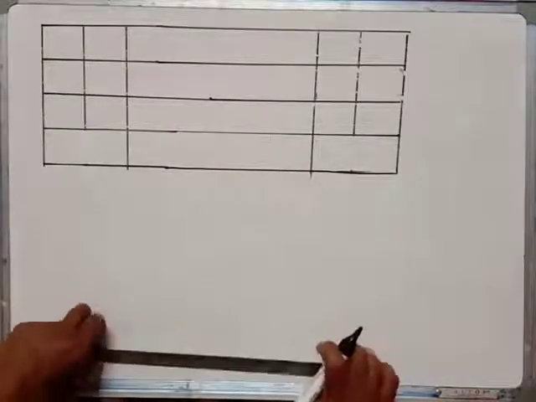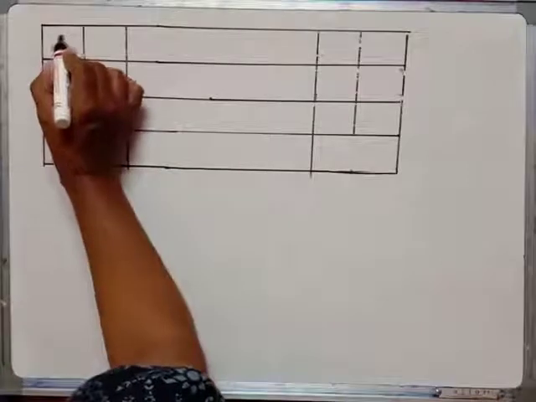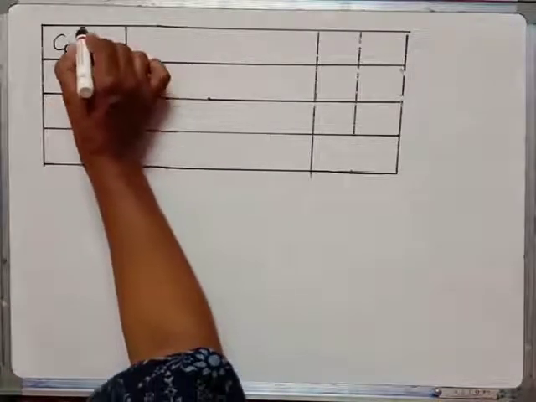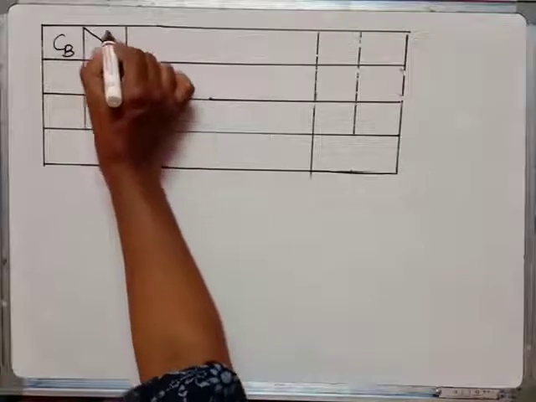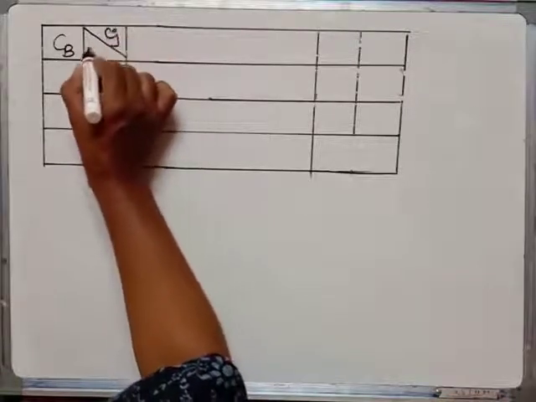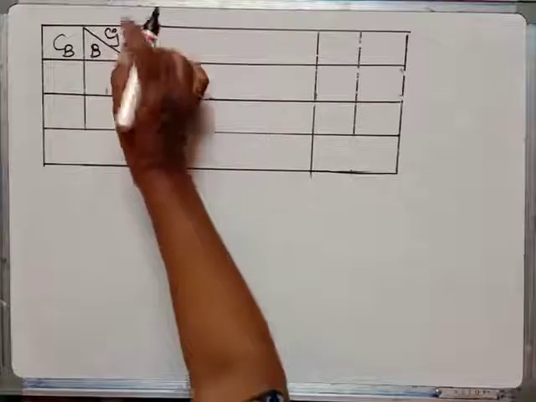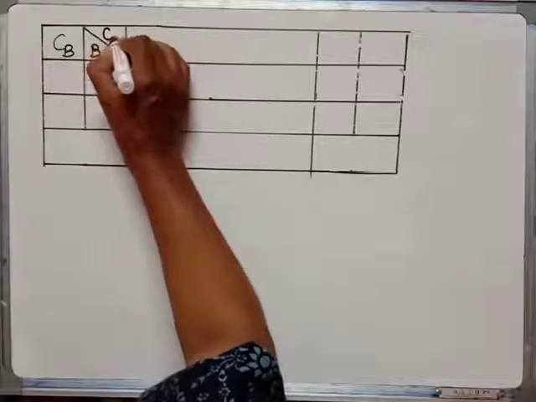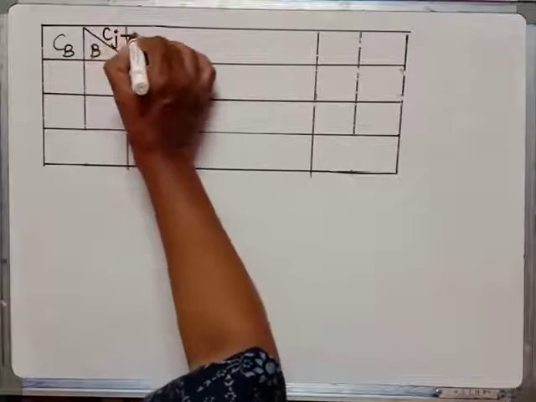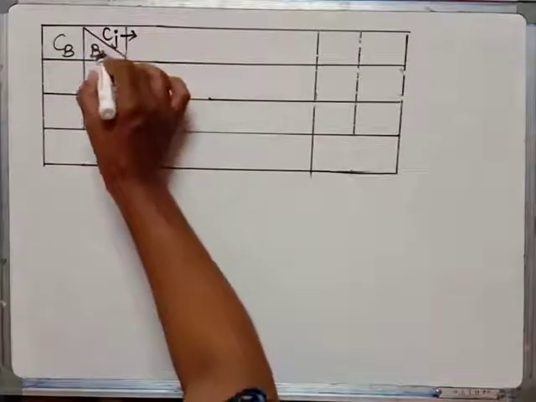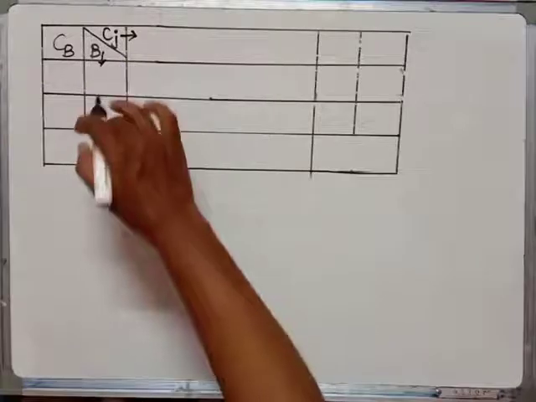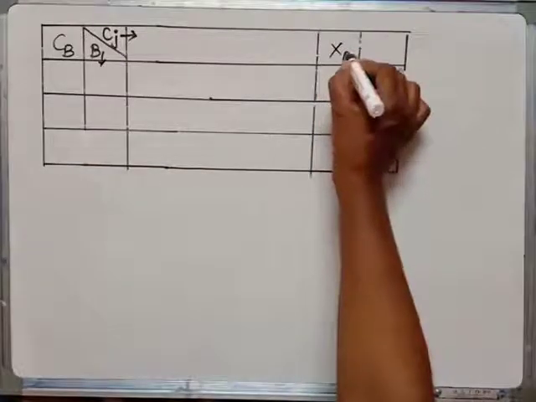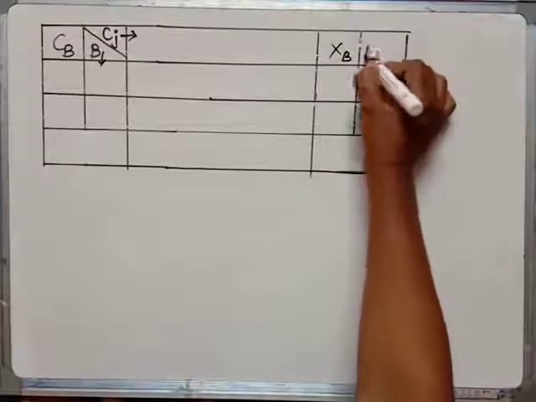Here in this cell we will write CB. Here we will do two parts, CJ, and here I will write B. I will write CJ towards this side and I will write B towards this side. Now here I will write XB. Here I will write ratio.